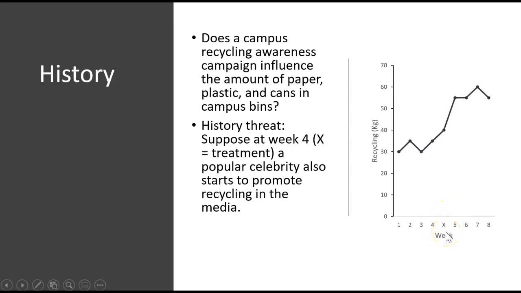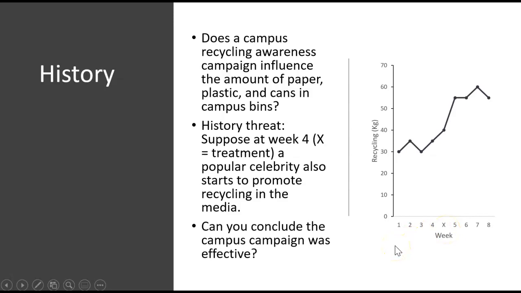Now, if that message is timed at the same time as your intervention, you have no way of determining whether or not your campaign was effective or if it was the messaging by the celebrity. So the fact that happened just by happenstance means you will likely have to repeat your experiment at a later time.